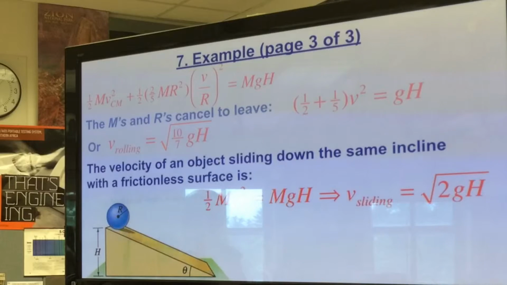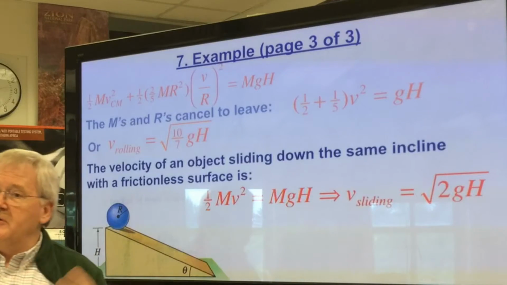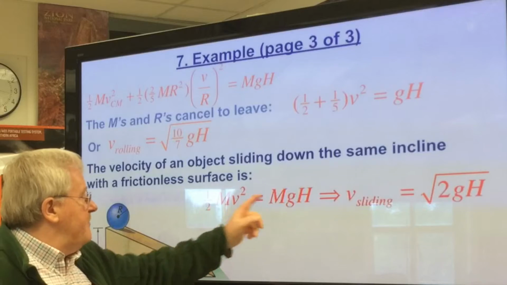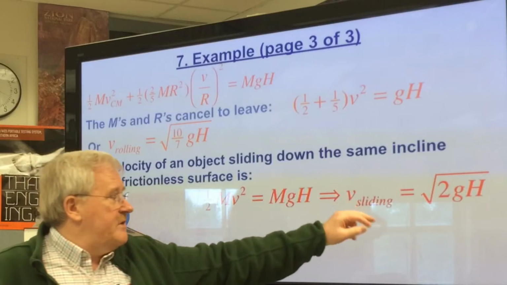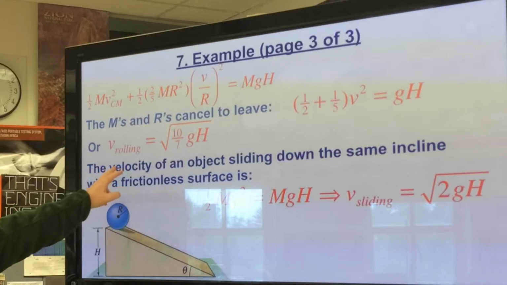The velocity of an object sliding down the same incline with a frictionless surface is given by 1/2 mv squared equals mgh. There is no rotational component. Again, the m's cancel, and what we're left with is the velocity for sliding is the square root of 2gh, which is larger than this velocity for rolling.